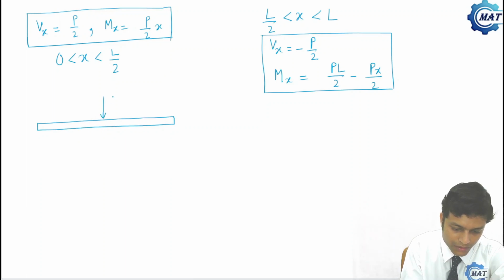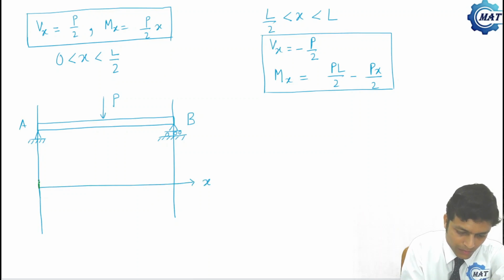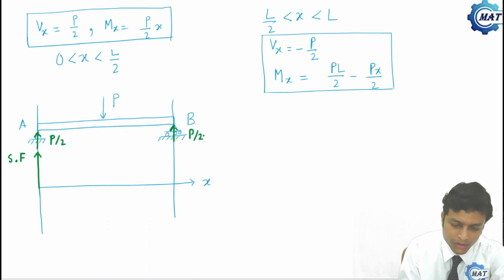So this is P, this is A, this is a pin joint, and there is a roller joint. Now first let us draw the shear force diagram. We know that both the reactions are P by 2.